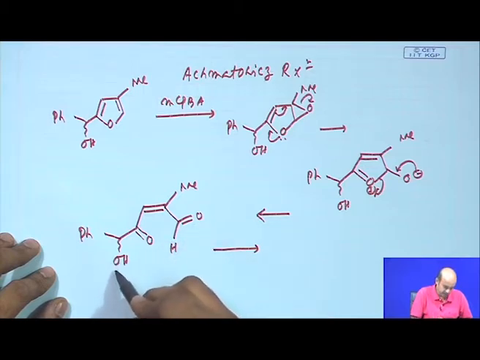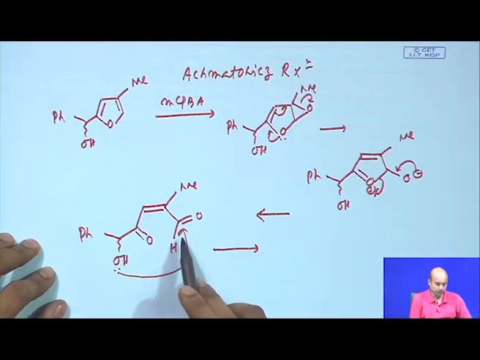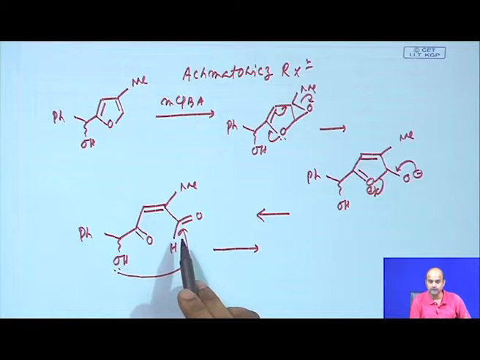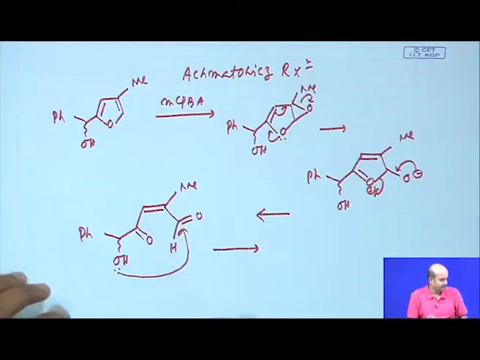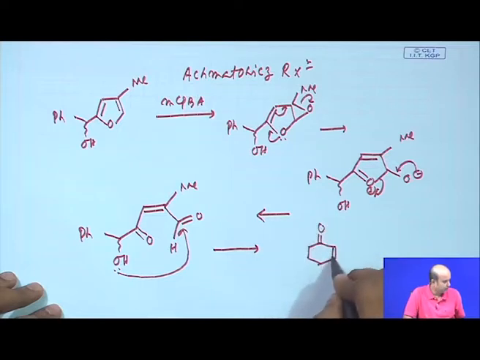So, this alcohol now undergoes an intramolecular nucleophilic attack, which is similar to when you form, say, an acetal or ketal, and then you will get a 6 member ring. Try to formulate exactly what is going on.